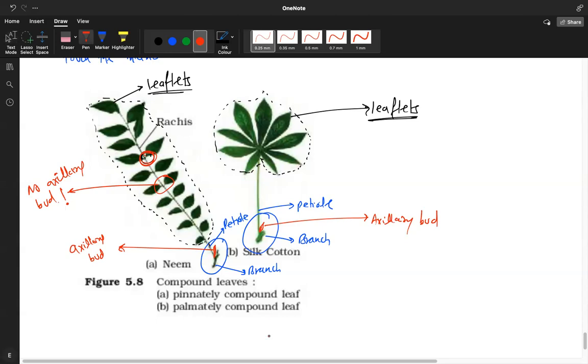So these are two different kinds of compound leaves. One is called pinnate and one is called palmate. This looks like a palm. If these are fingers, it is arranged as a palm, right? If you open your hand, you will see this kind of arrangement. So this is palmate arrangement, just like the palm of your hand.